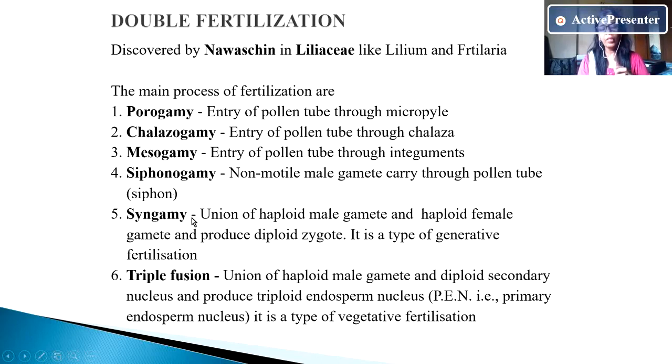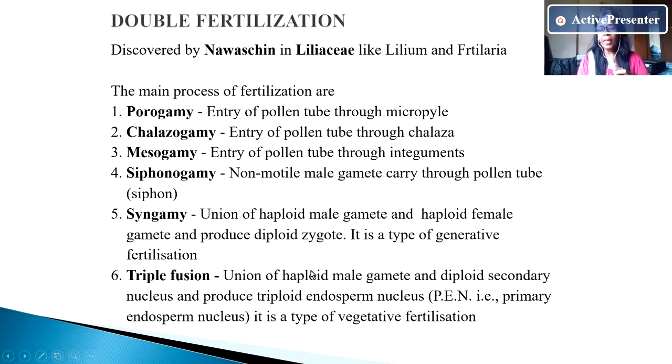The fusion of a haploid male gamete and a haploid female gamete to produce a diploid zygote is known as syngamy. It is generative fertilization. Syn means union: the male gamete and female gamete are united together to form a diploid zygote. That is syngamy. And then triple fusion.